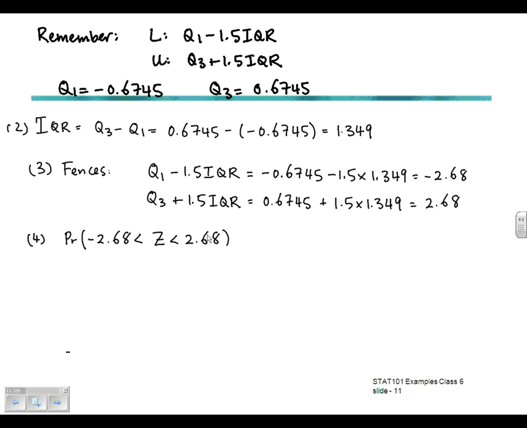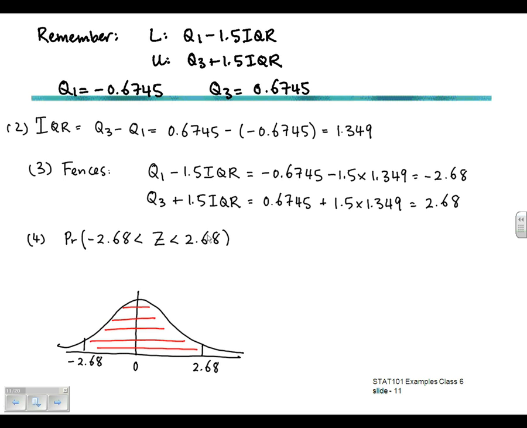If we draw a diagram for that, we're looking for the probability of lying between those two points, with 0 in the middle, 2.68 on the right-hand side, and negative 2.68 symmetrically placed on the left-hand side. Remember with the Z distribution, as we've seen before, we very rarely see values bigger than 3 on either side.